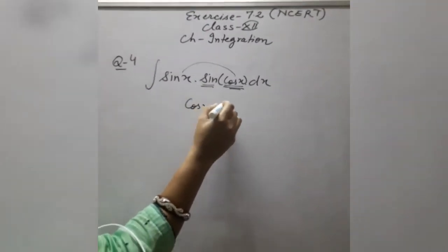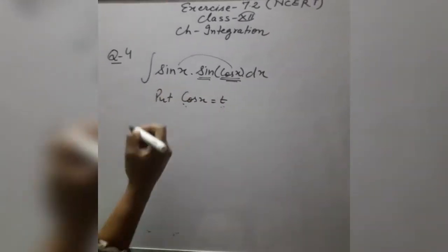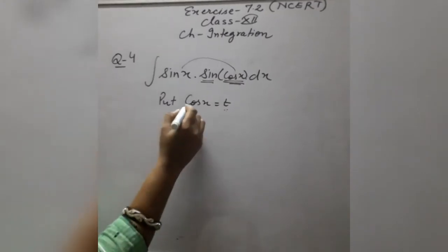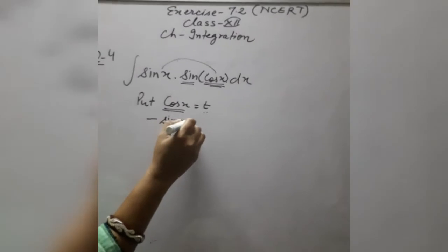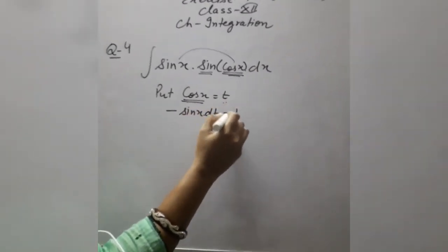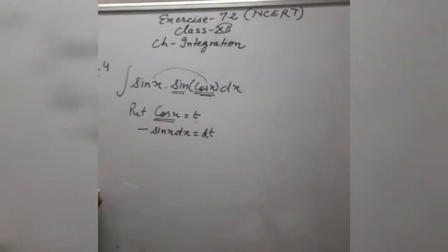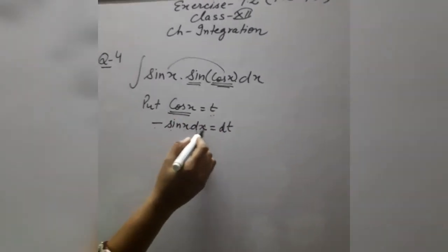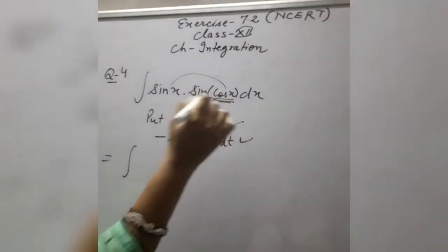If you put cos x is equal to t, then differentiating both sides, you will get the derivative of cos x as minus sin x, and this dt comes on this side. So minus sin x into dx is equal to dt. Now use these values in the statement.